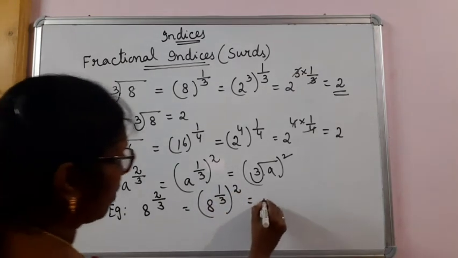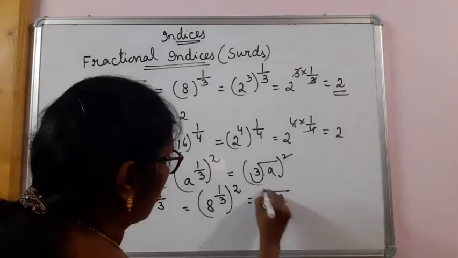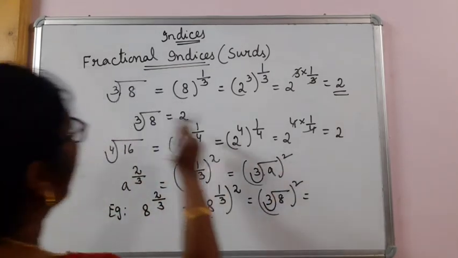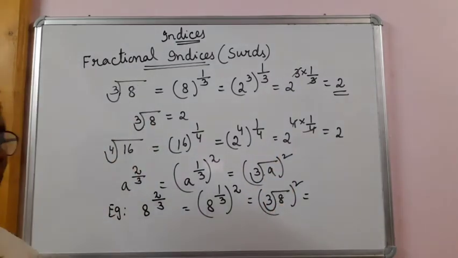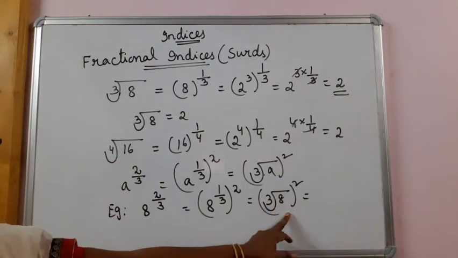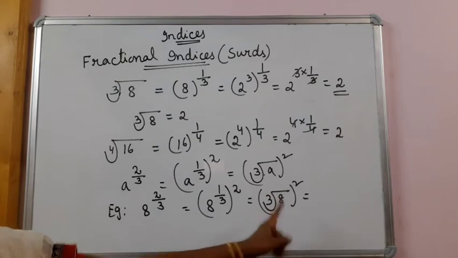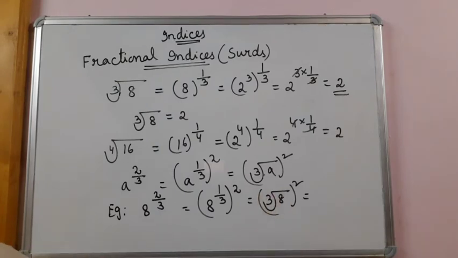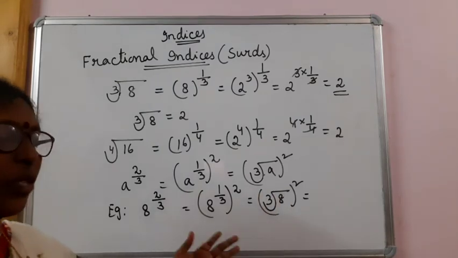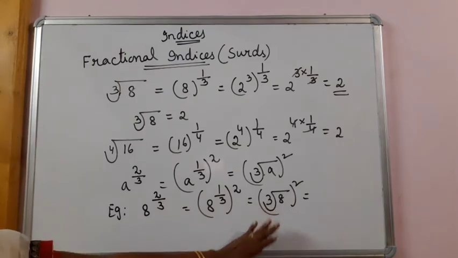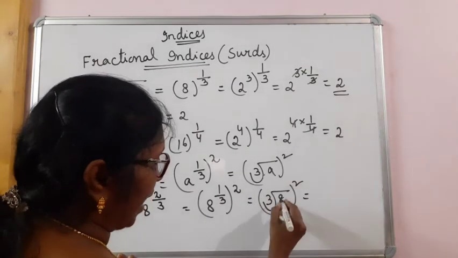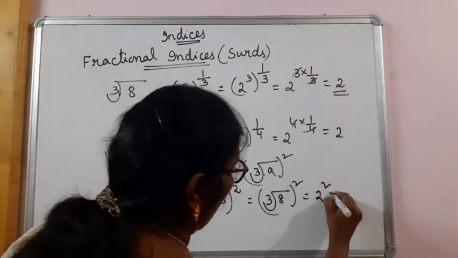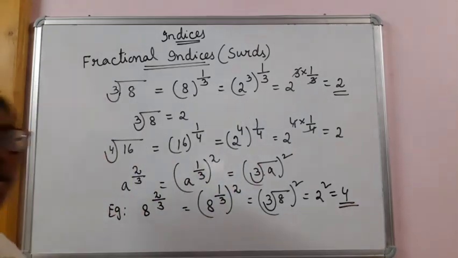8 to the power 1 by 3 is cube root of 8, whole square. And here we got cube root of 8. Cube root of 8 means 8 is 2 into 2 into 2. For 3 equal factors you have to take 1. Just as for square root, for 2 equal factors we used to take 1 factor, in the same way for cube root, for 3 equal factors we take 1 factor, that is 2. 2 square gives you 4.